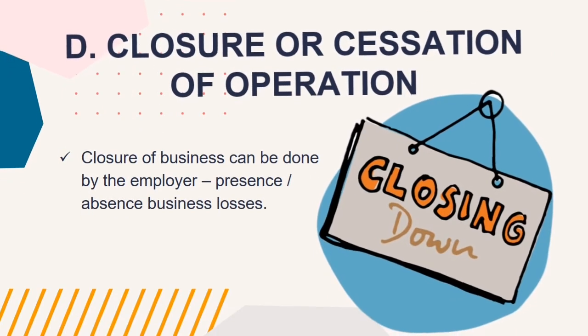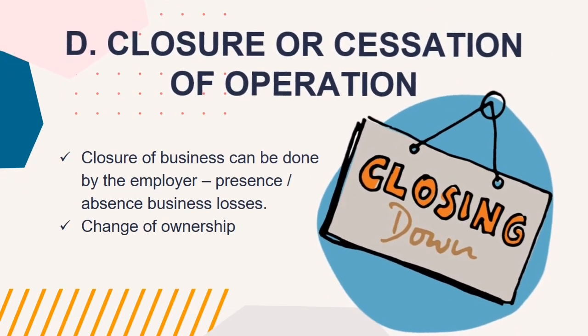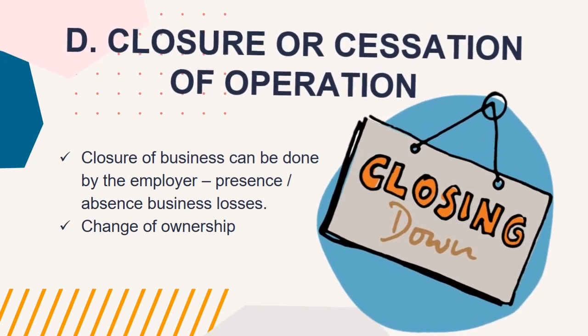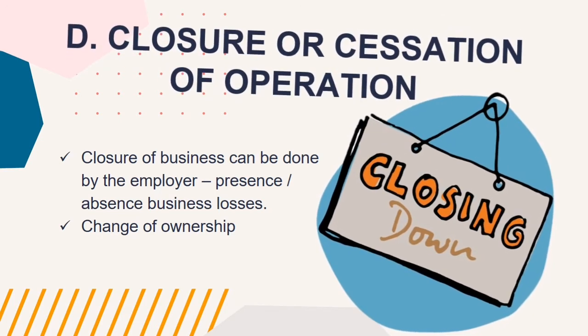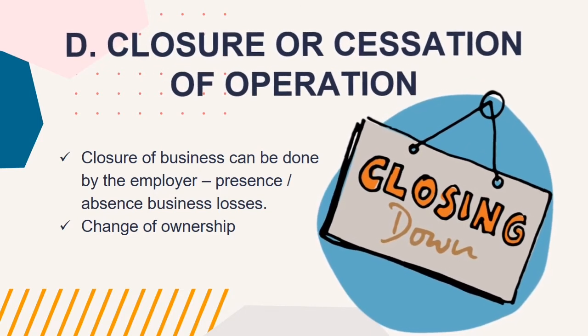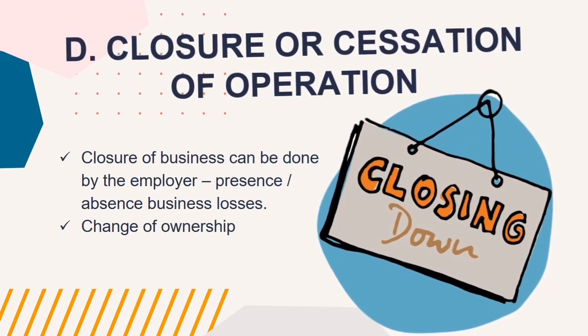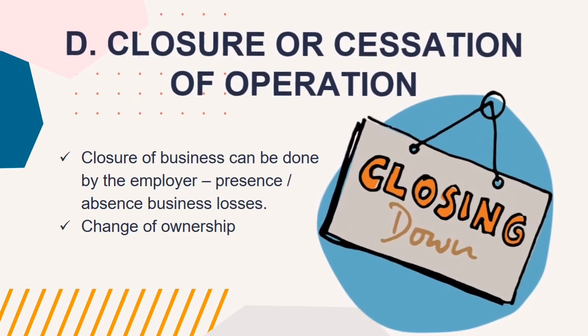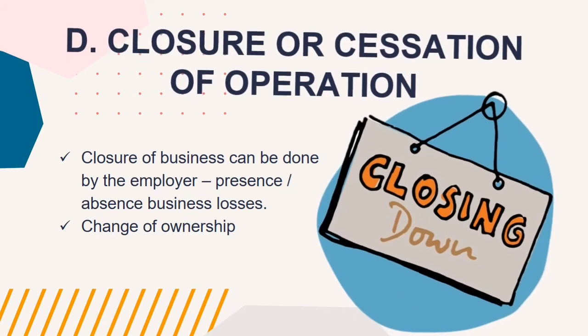Then we have the fourth one, closure or cessation of operation. Closure or cessation of business is the complete or partial cessation of the operations or shutdown of the establishment of the employer. This is being carried out to either stave off financial ruin or to promote the business interest of the employer.